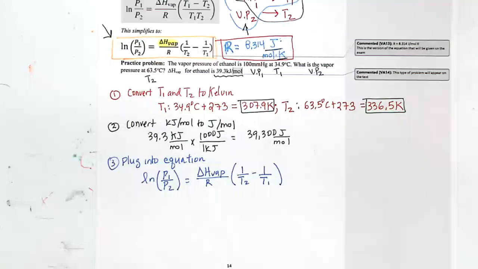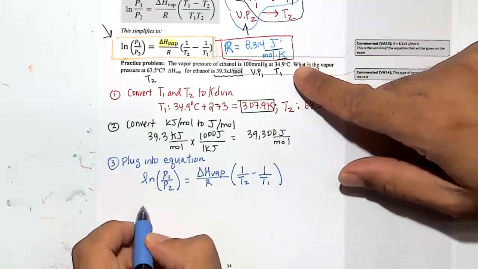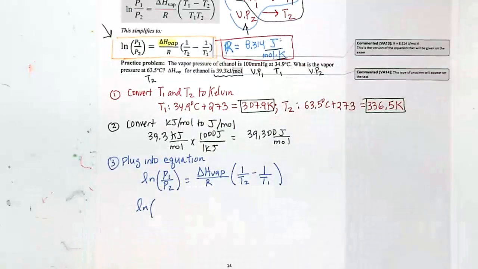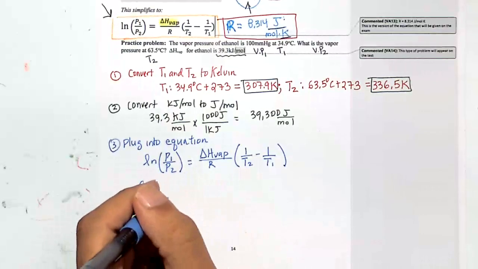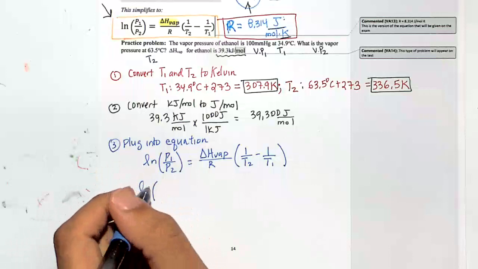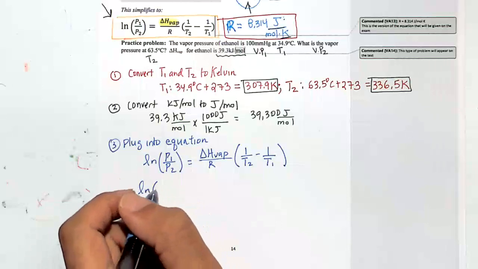Let's plug everything into the equation here. So what's P1? Just let me tell you something. Everyone listen to me, you're technically not allowed to put units inside the natural log. That's just a math thing, not a chemistry thing.